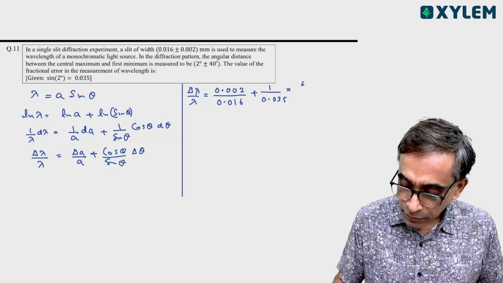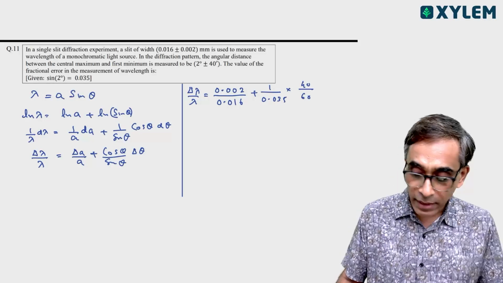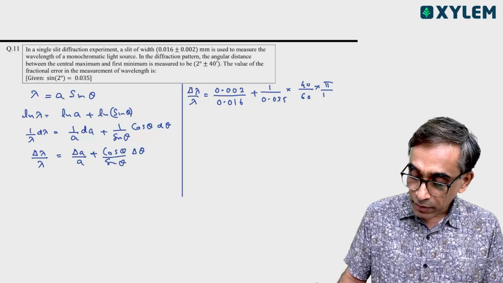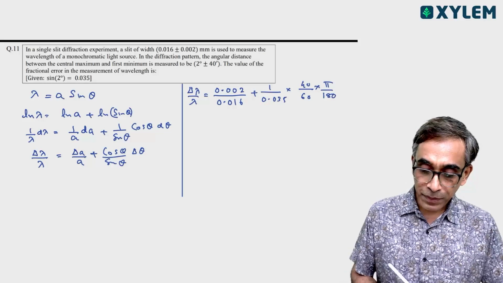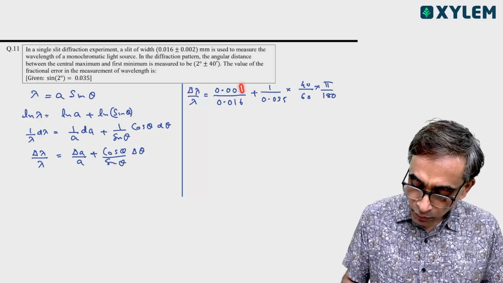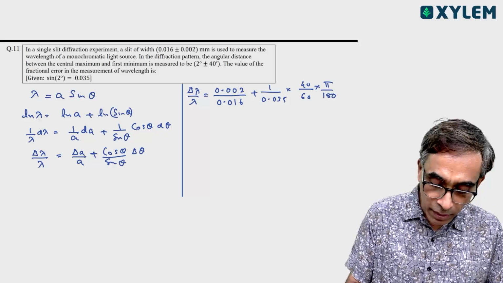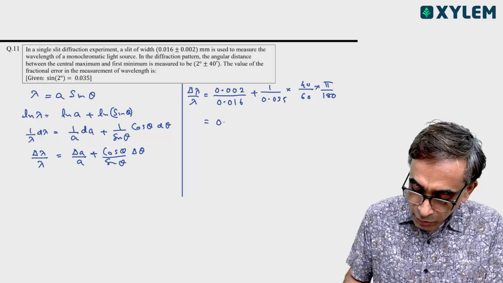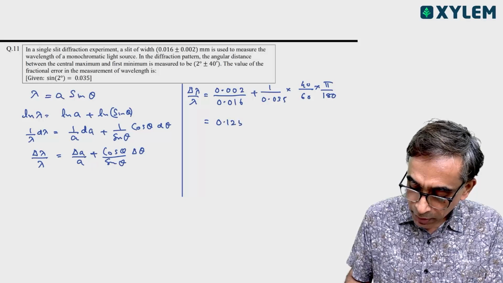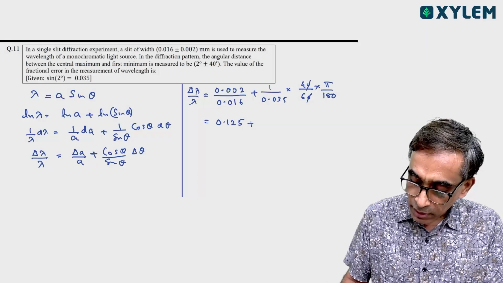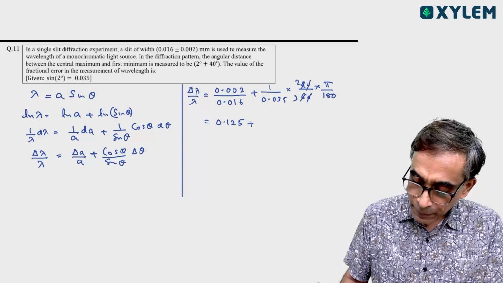So what you do is 40 divided by 60 degree, and the radian conversion is pi divided by 180. The first term can be written as 0.001 by 0.008. 1 by 8 is 0.125. So this will be nearly 0. No, it's exactly 0.125 plus. This is 40 by 60, you can calculate as 2 by 3.